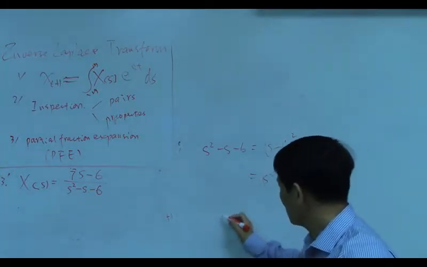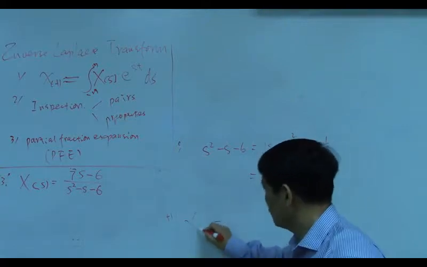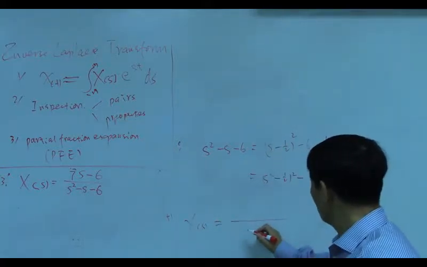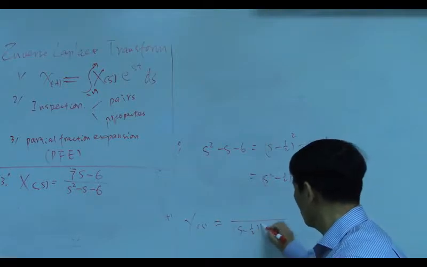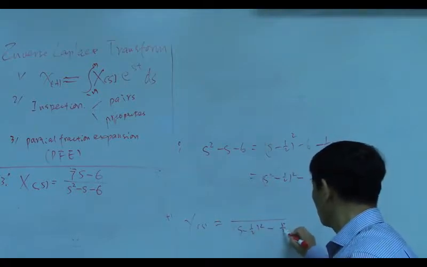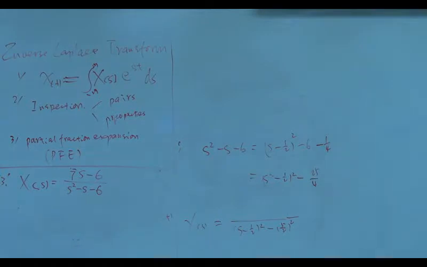So I can write something like this: something on the top, and on the bottom (s minus half) squared minus (5 over 2) squared. Okay, now what is this? Sine function, cosine function, or something?